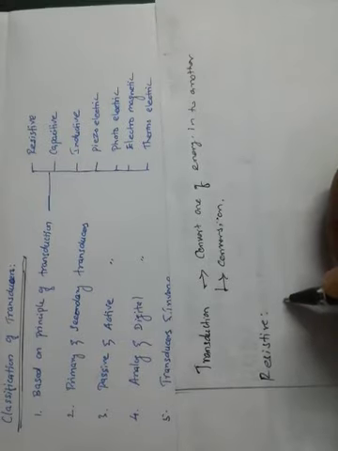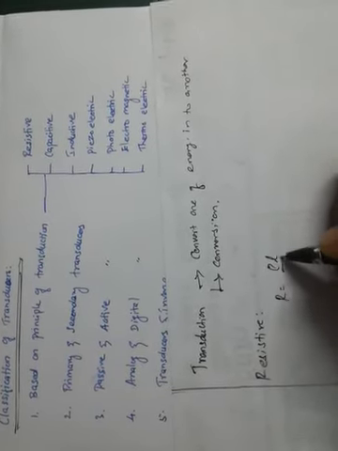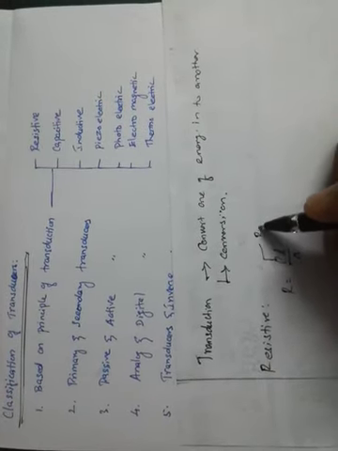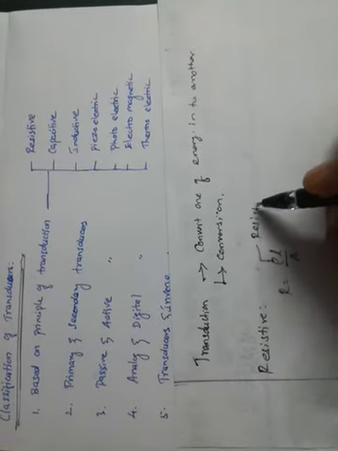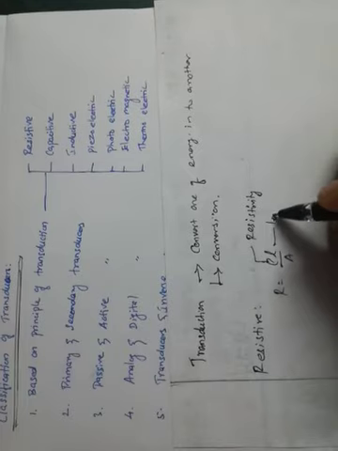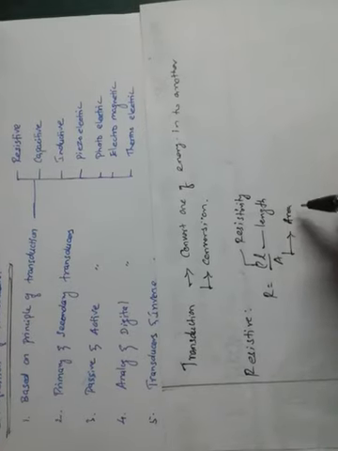So here the general formula of resistance is R equals rho L by A. Here rho is the resistivity of the material, L is the length of the conductor, and A is the area of the conductor.